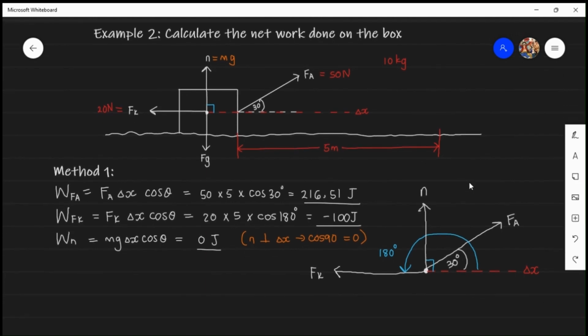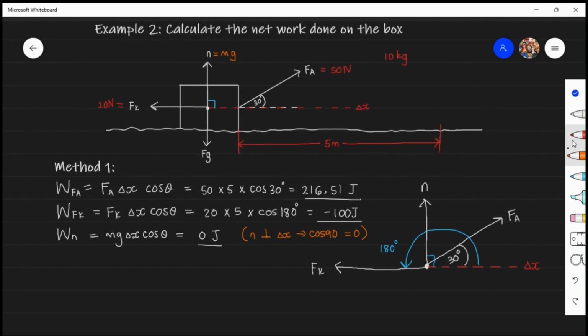Now, let us try and calculate the work done by Fg, the work done by our gravitational force. We know that the work done by Fg is equal to our force Fg times our displacement times cos of theta. And Fg is calculated as mass times gravitational acceleration. So that is going to be the mass times the gravitational acceleration times displacement times cos of theta.